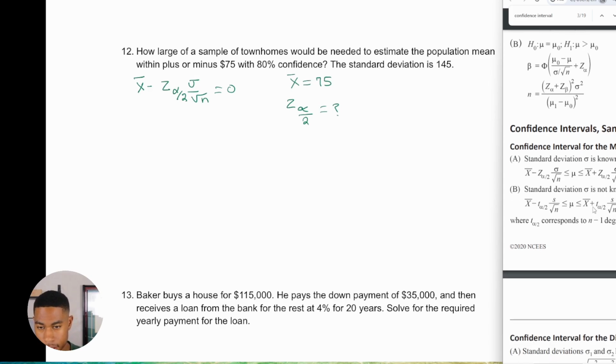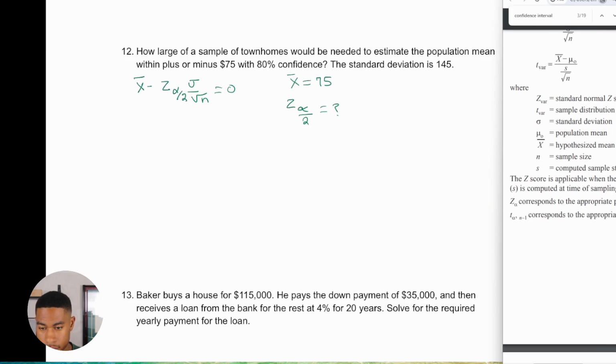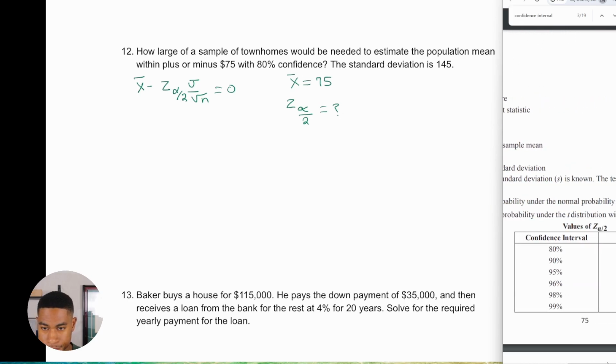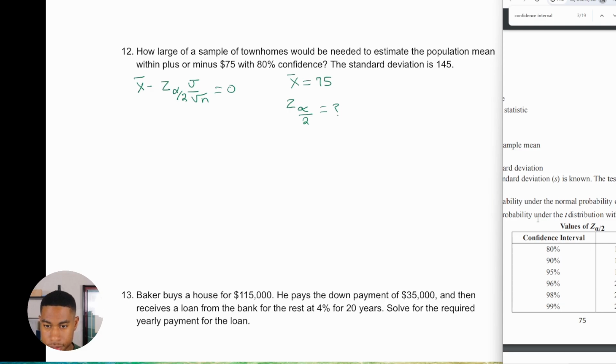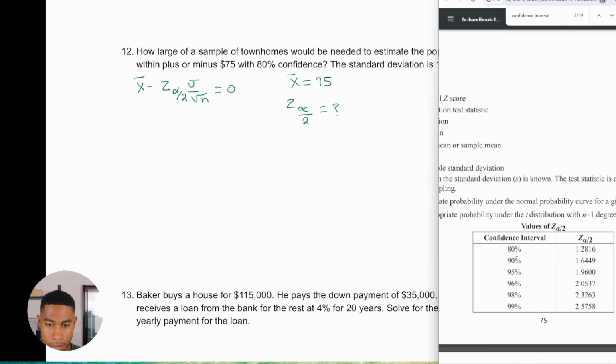So in this case, there's a table for confidence intervals that shows the value for z alpha over 2, depending on the confidence level. So here in your handbook, you can pull your confidence interval for 80%, and you're going to get roughly 1.28. So I'm just going to say it is equal to 1.28. Right.